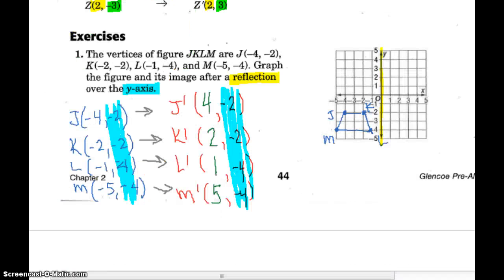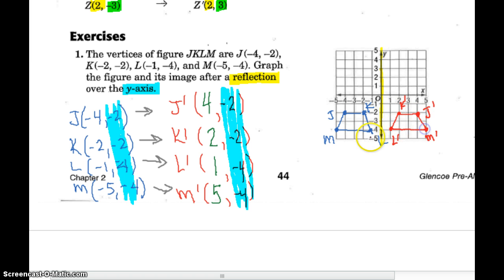Okay, so hopefully you've had time to graph the original JKLM, and let's check our prime and see if we think it made a reflection. So J prime is at positive 4, negative 2. K prime is at 2, negative 2. L prime is at 1, negative 4. And M prime is at 5, negative 4. And there's another trapezoid.